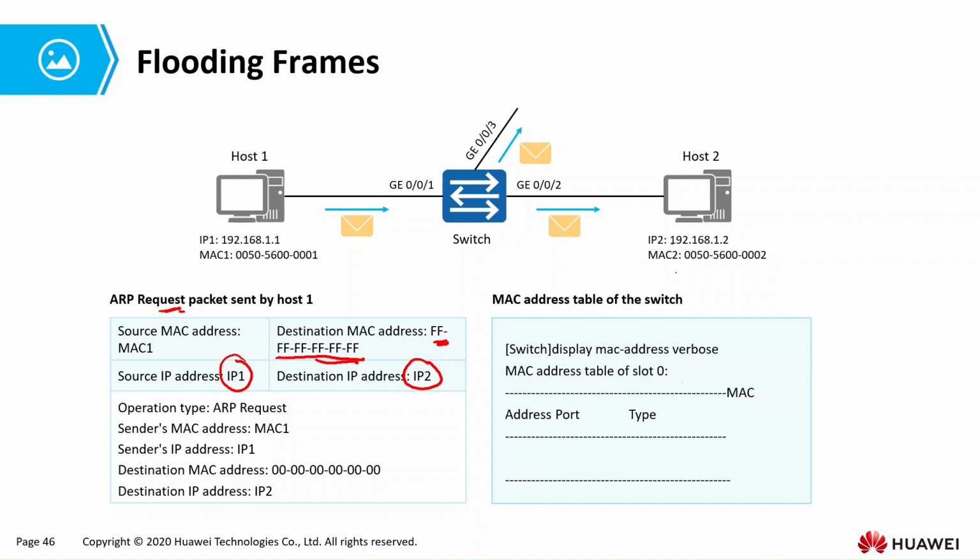Okay, so here, looking at your switch, nothing has been learned yet. But in your ARP request, you have the sender MAC address and IP address, but the destination you do not know yet, so you put all zeros. You don't know the MAC address for IP address 2 here.